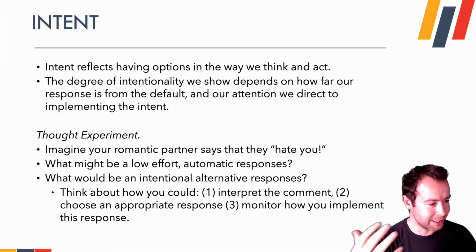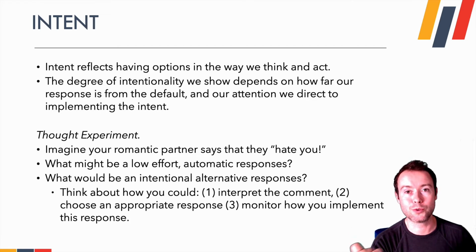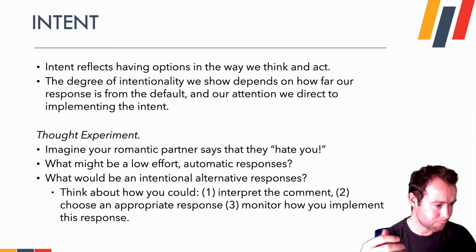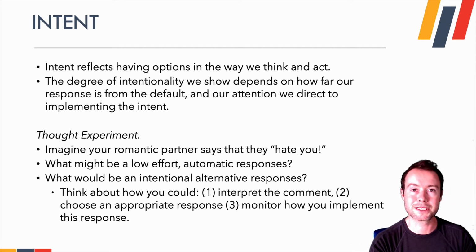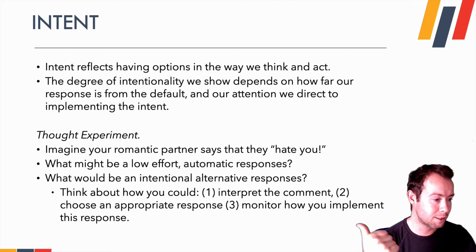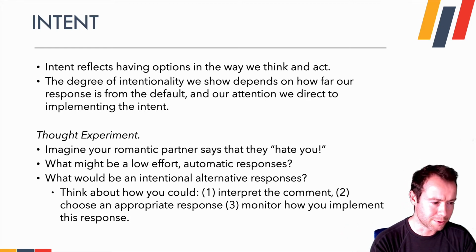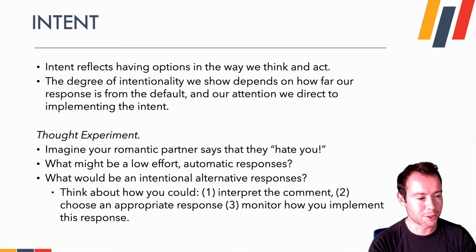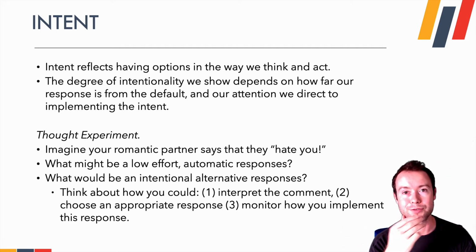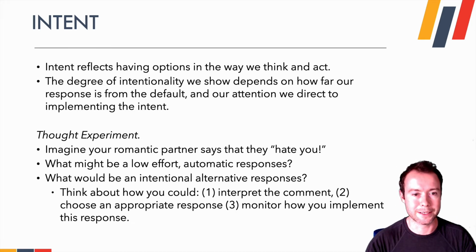And then what would be a much more intentional alternative response that you could engage in response to hearing those words. And you can think about different stages of, firstly, how you might interpret the comment, how you might choose an appropriate response, and then how you would monitor how you implement this response. So see if you can think of these different steps.